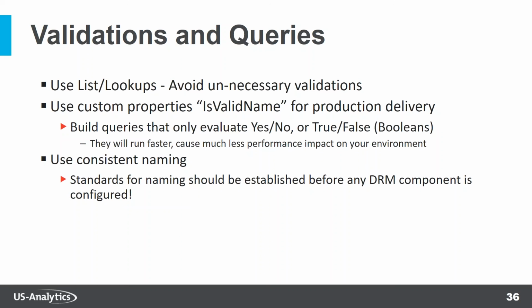When I do validations in DRM, what I coach folks on is to create properties instead of queries, especially if it's something that gets done a lot. If you want an isValidName property, most everybody has one called valid name, validating that or the length of it, or a character, maybe something in there they want to validate for.